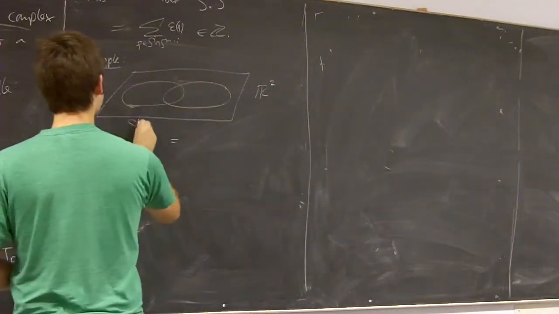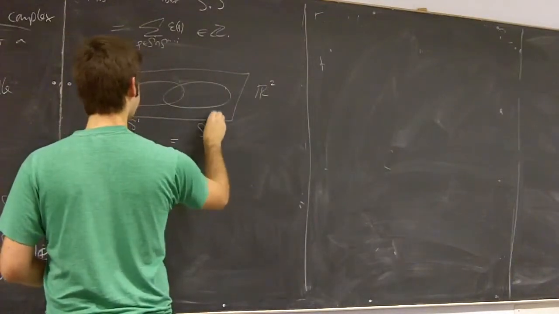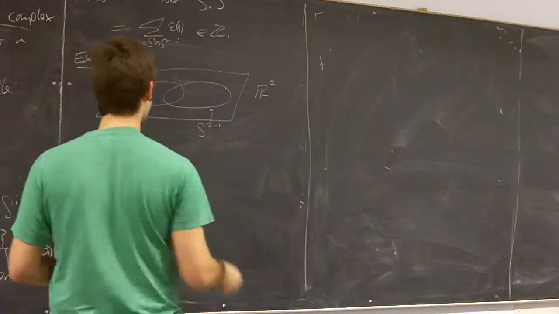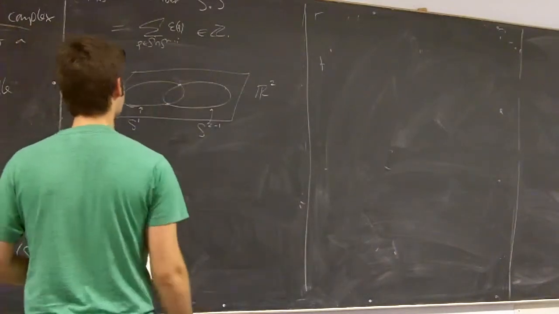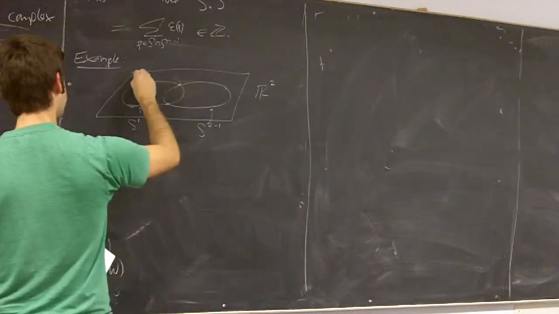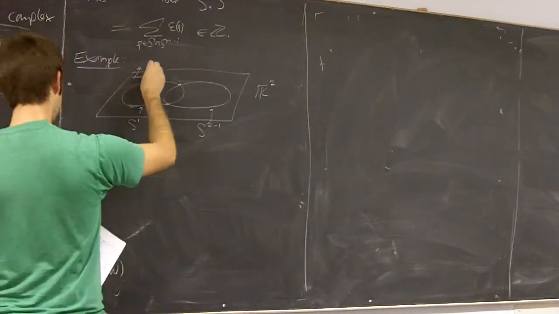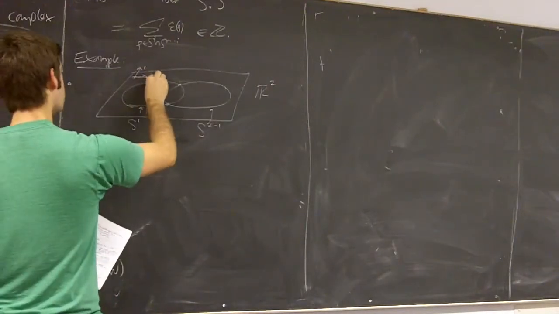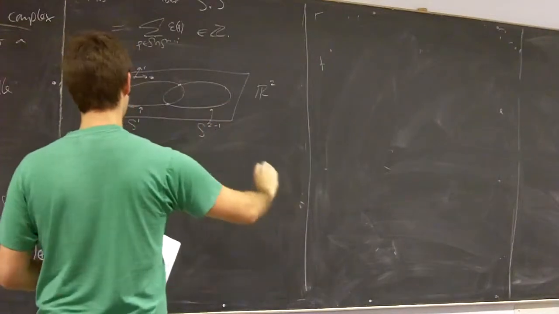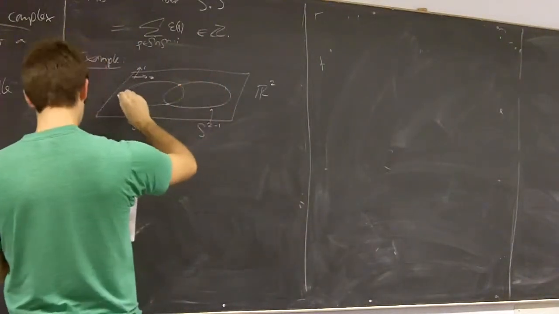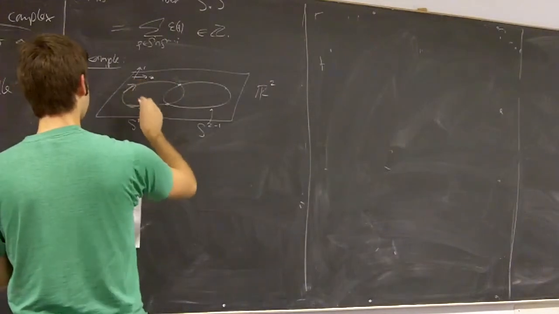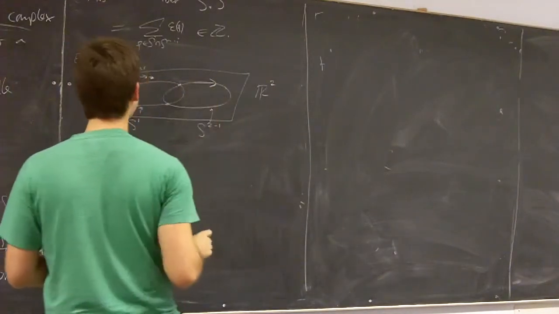So here's S^1 and here's S^(2-1). They intersect in 2 points. We orient R2, so all over we have these little frames, and we orient our circles.